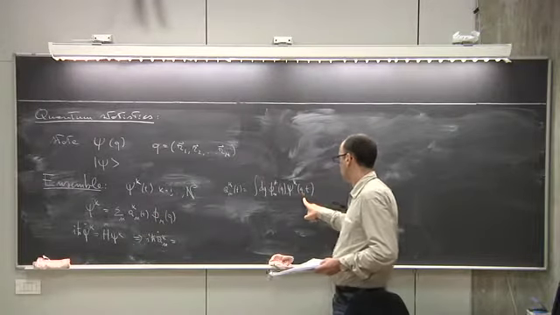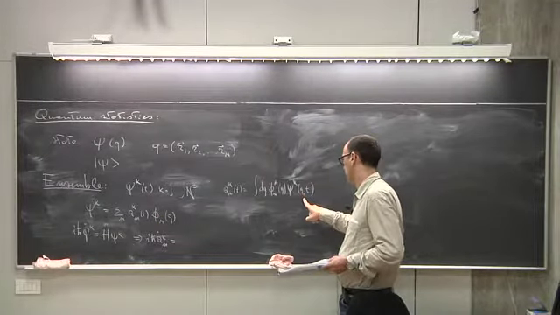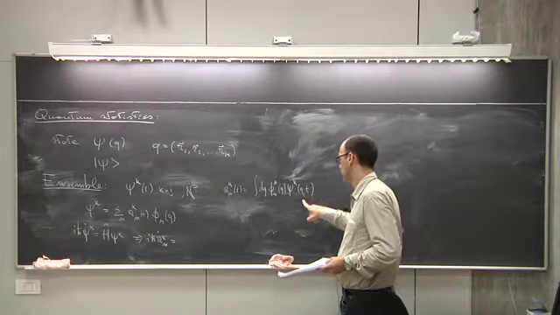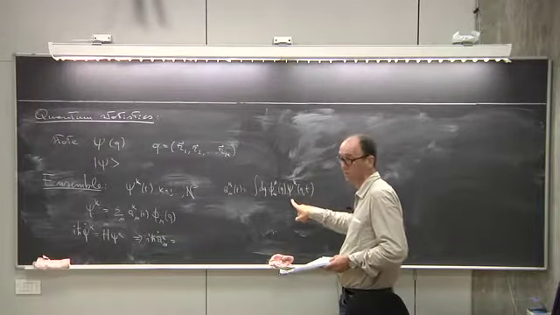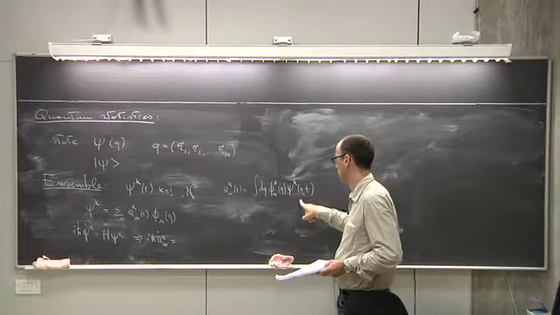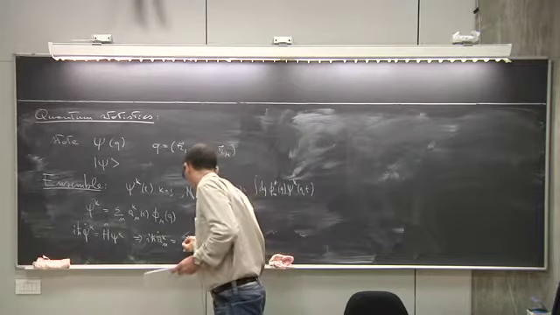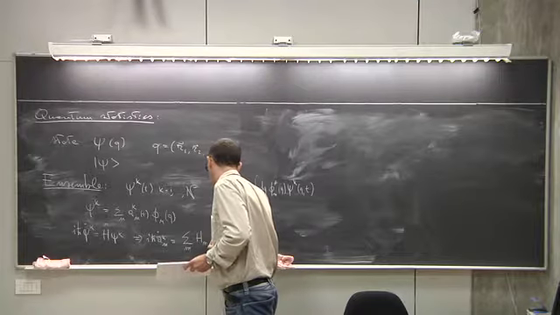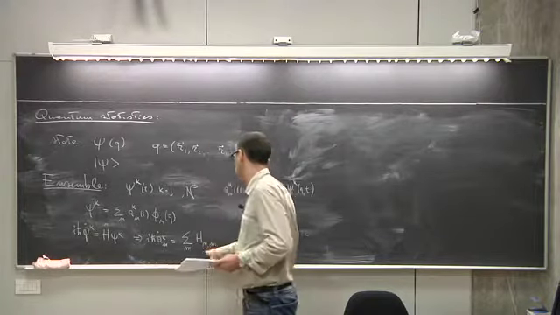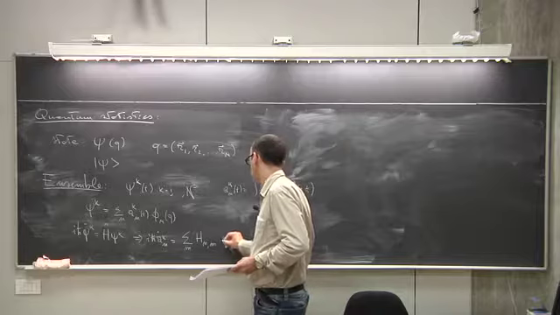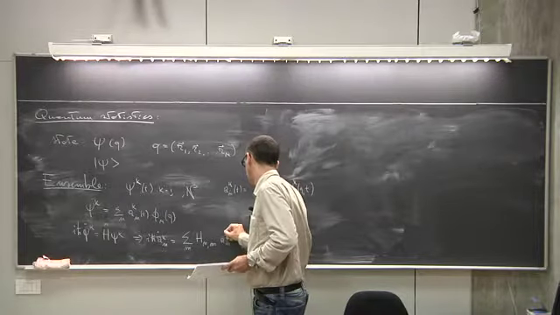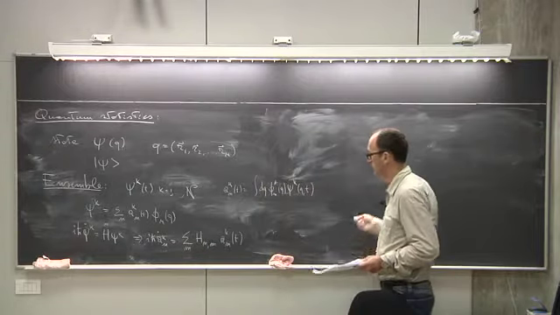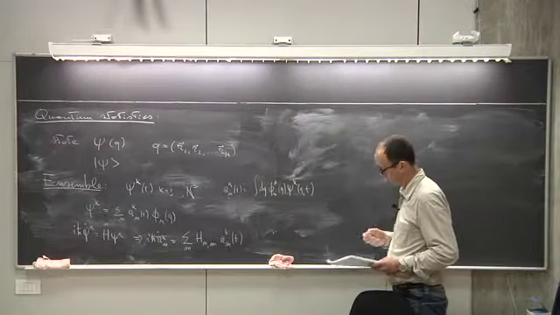So what I will have is the matrix element of the Hamiltonian between state n and m, with a sum over m: the matrix element of the Hamiltonian between states n and m times a_km of t. This is just basic quantum mechanics.